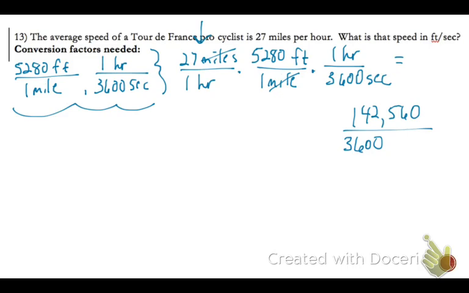And then look at our hours. Our hours should divide out, and we should be left with our desired unit, so that's feet per second, which we are. And then we'll take that down to a unit rate by dividing, and 39.6 feet every second.